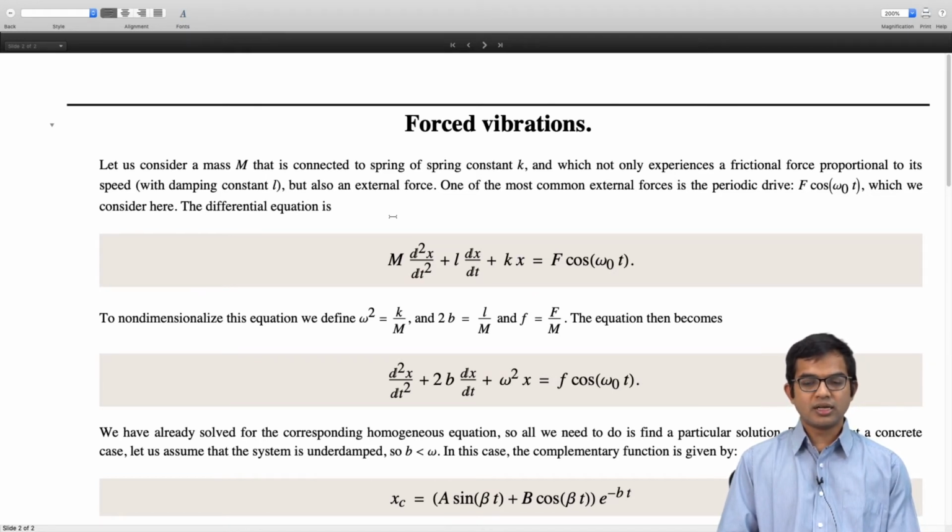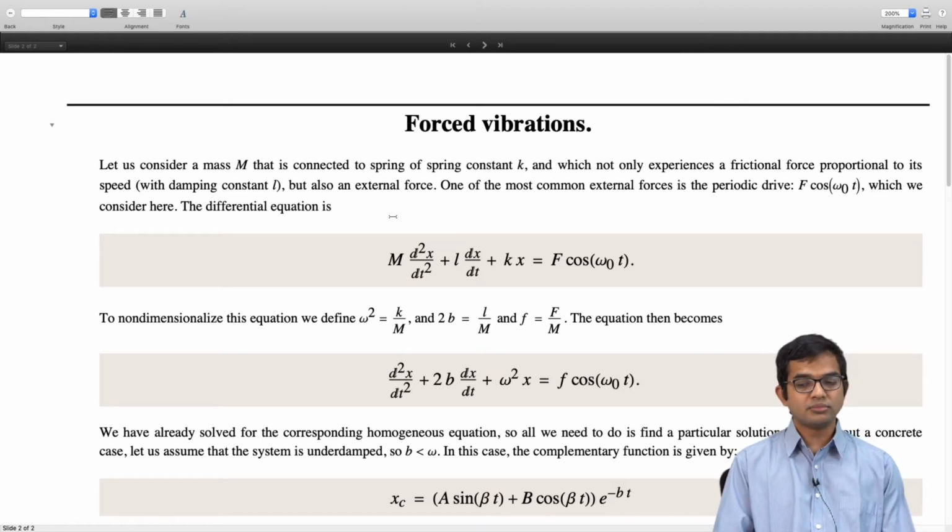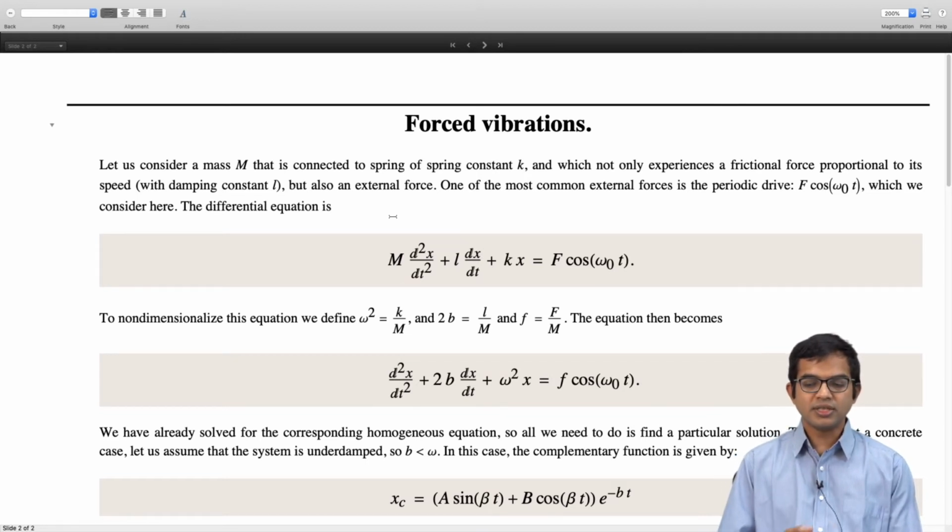So let's say that we focus on the underdamped case, for concreteness. You can also work out the full general solution for the critically damped or the overdamped cases, but you will see that basically it's the particular solution which is of particular interest here.